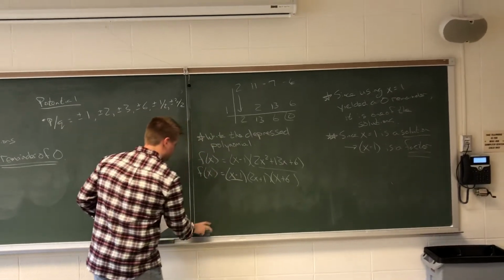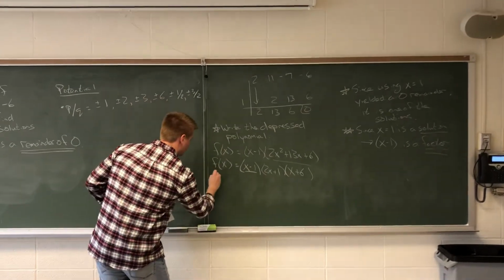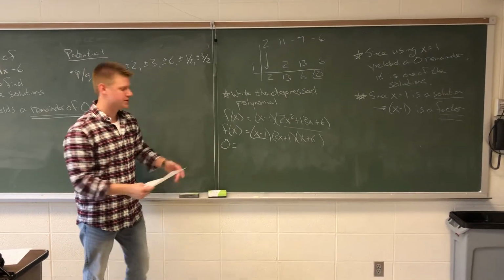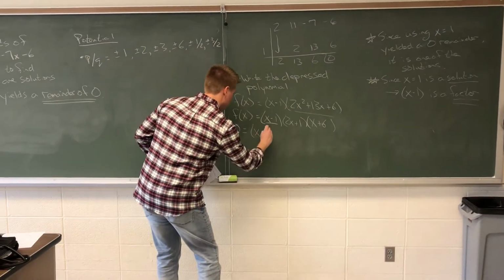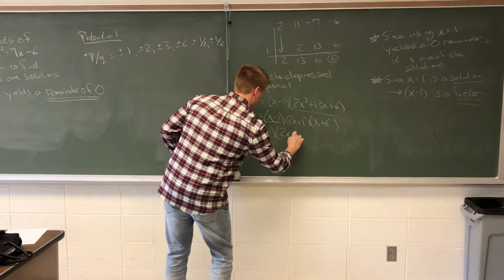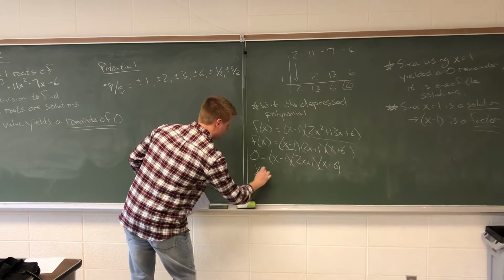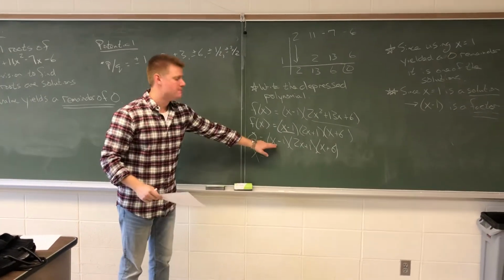So again, just to technically write it, x-intercepts mean that I set the entire equation equal to 0. Okay, and I already found that one of my solutions is positive 1.